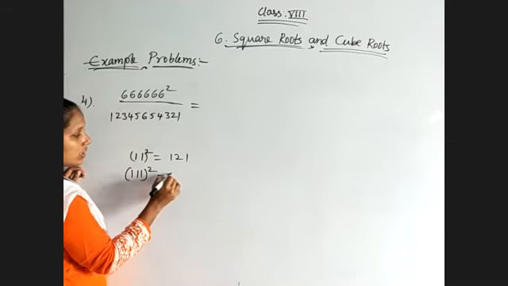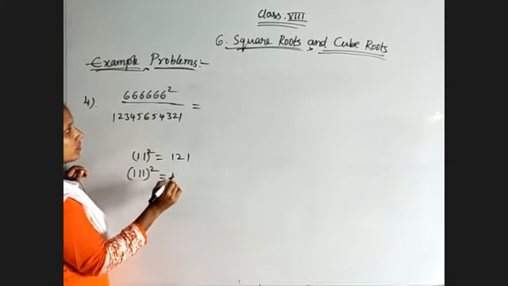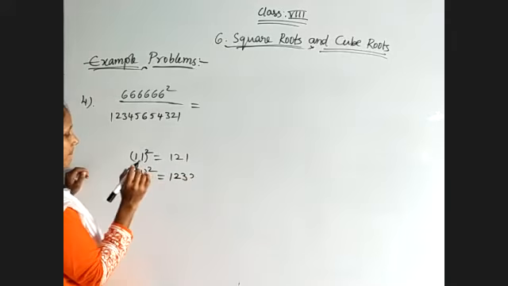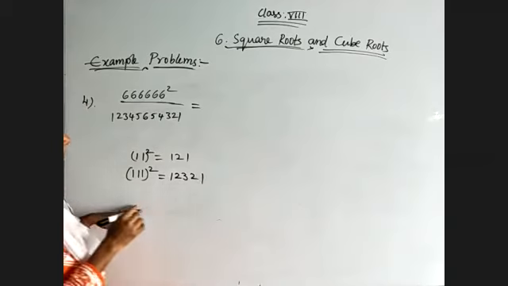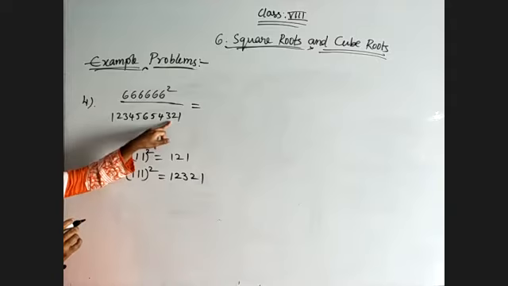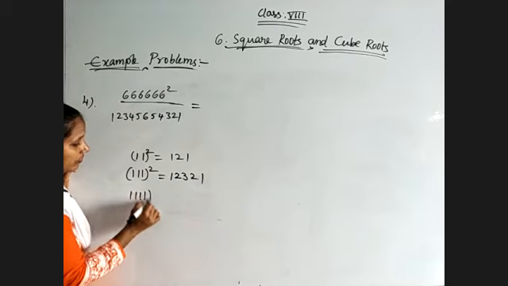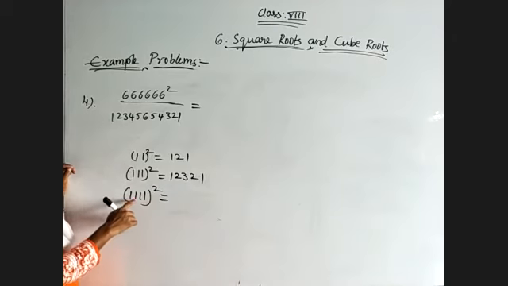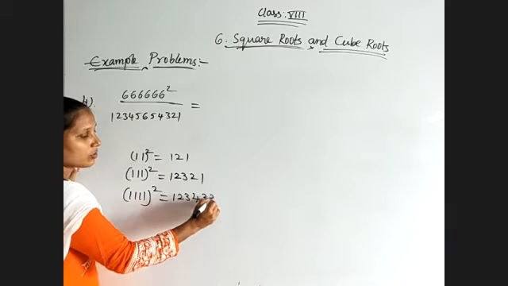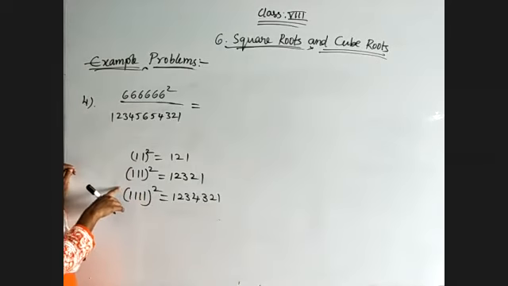Next, if I have 1111 whole square, then I'll get 1, 2, 3, 4, 3, 2, 1. Like this I'll get. This is a pattern in square numbers, we have discussed this.